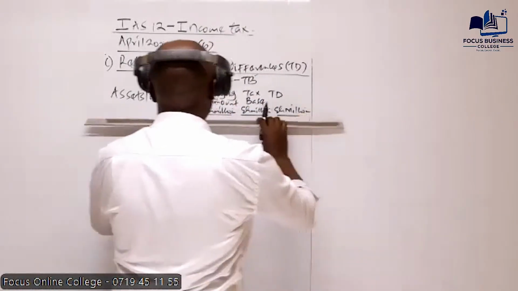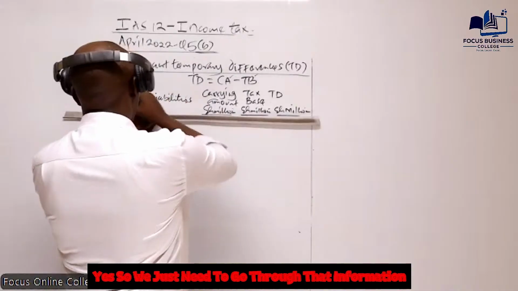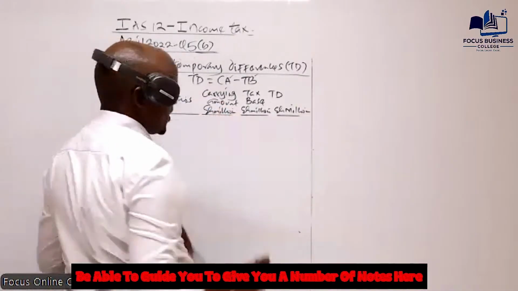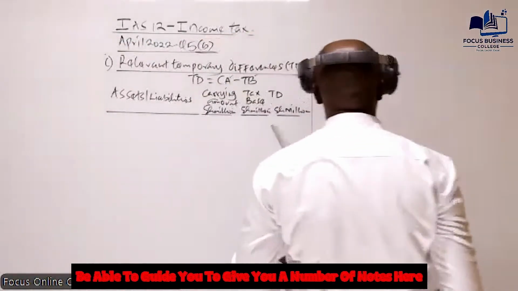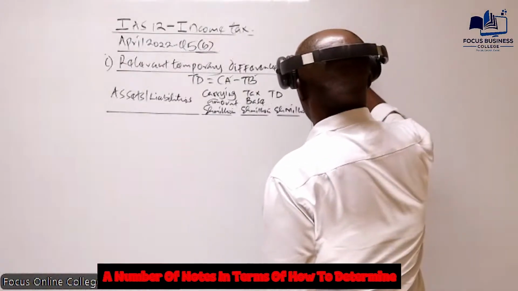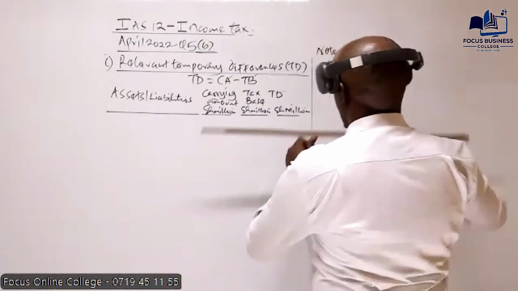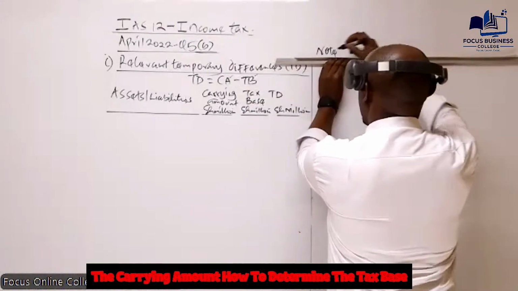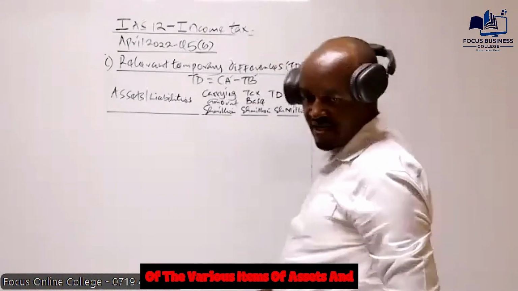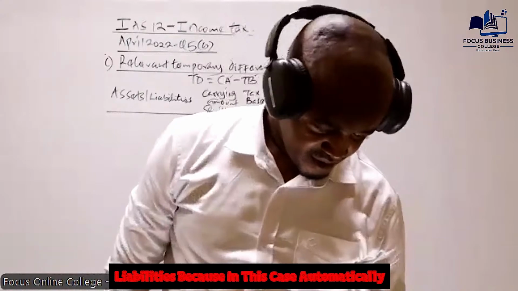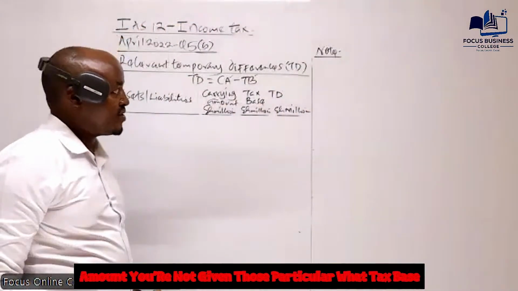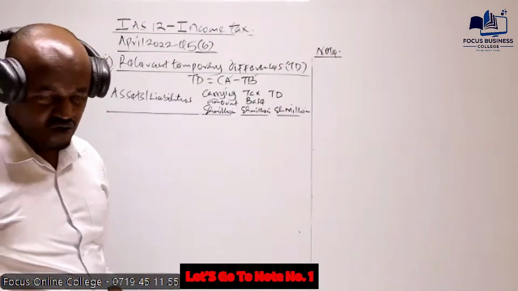Yes, so we just need to go through that information. I will guide you with a number of notes on how to determine the carrying amount and the tax base of the various items of assets and liabilities, because you are not given those carrying amounts and tax bases directly. Let's go to note number 1.